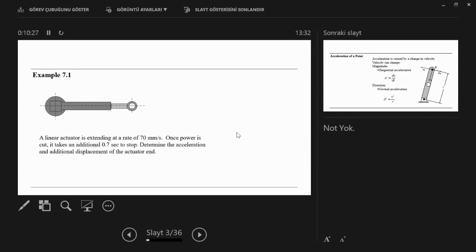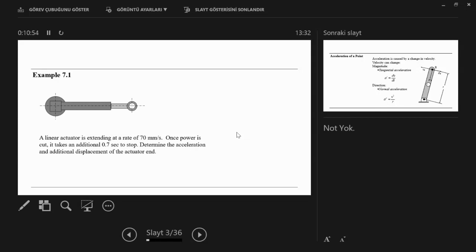And determine the acceleration, and the additional displacement of the actuator's end. Additional displacement, so we don't know the initial displacement. Therefore, from the initial displacement to the final displacement, that means the stopping period.